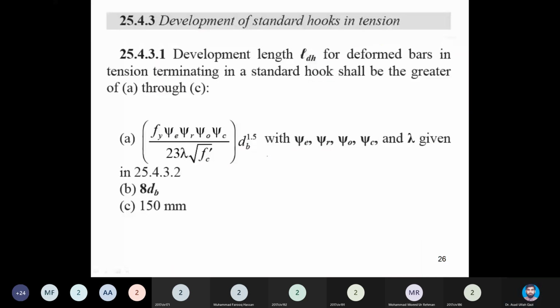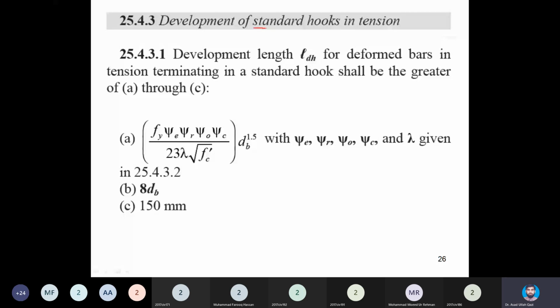development length. Now this is what I want to discuss through this slide, note 26, development of standard hooks in tension. What are standard hooks? I will also explain it by describing standard hooks.